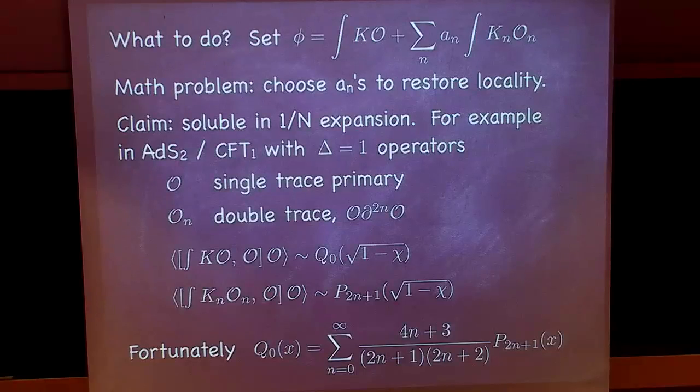To what extent do people attack or look at the 4-point function? What's the status? Has that not been looked at at all? Hasn't really been done. Well, there are calculations of 4-point functions from Feynman-Witten diagrams. Yeah, and they show the renormalization effect you just talked about of the double trace operators.